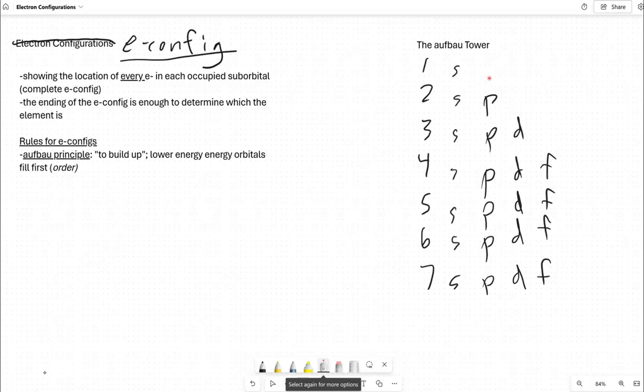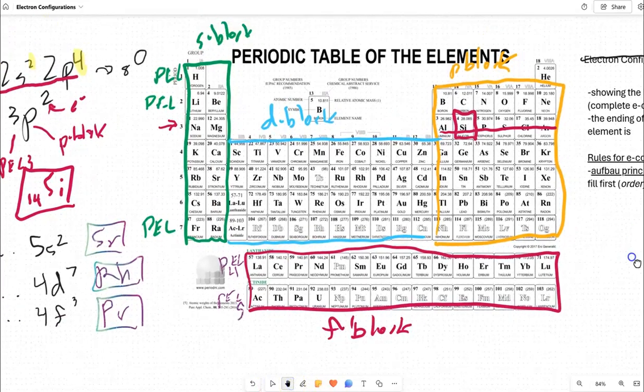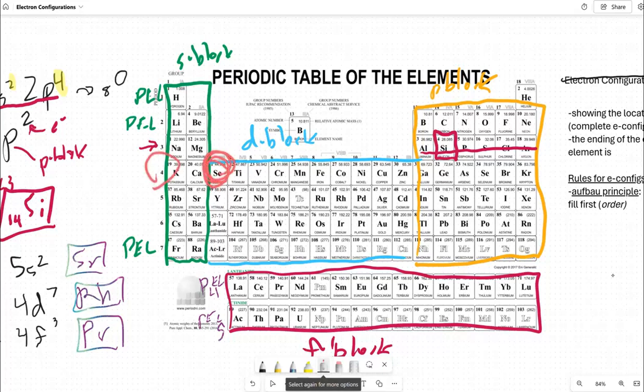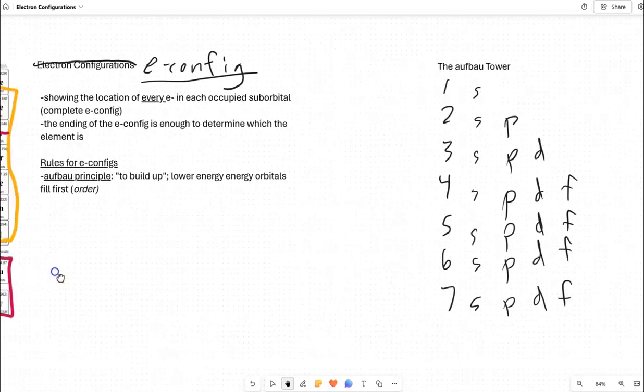D starts on 3, which, if you recall, was one of the oddities for our periodic table, even though we're on shell 4 for scandium, we call this 3D1. So part of the oddness for the periodic table is they have the Aufbau built into this shape. It's just a little unintuitive for what we would kind of expect to roll with.